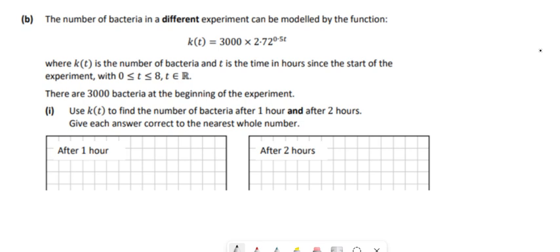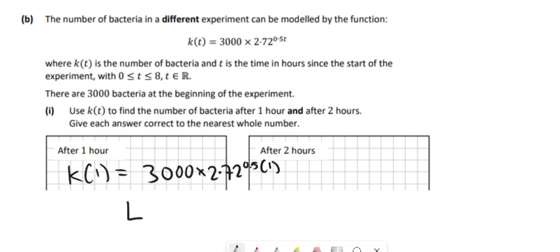So after 1 hour, that's K of 1. So it's 3,000 multiplied by 2.72 to the power of 0.05 times 1, and we just put that into the calculator.